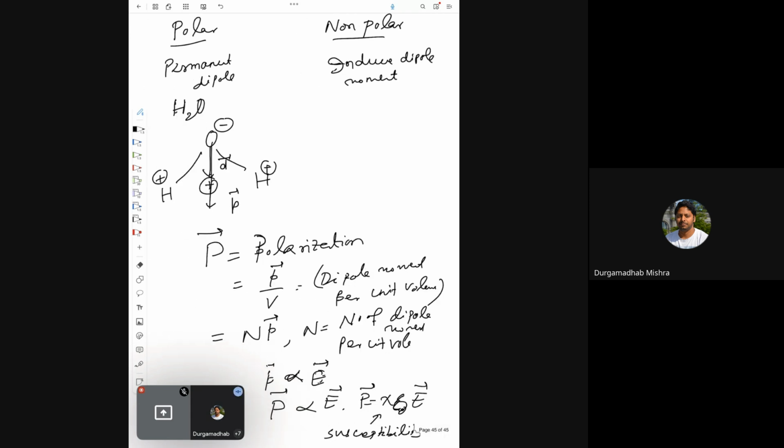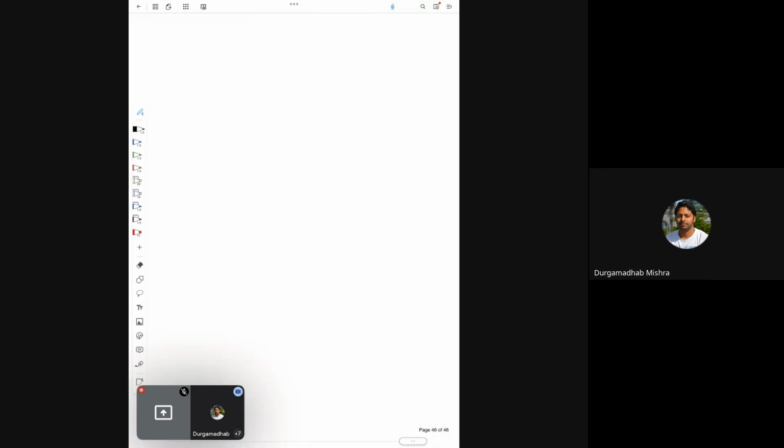Okay, this thing is quite simple to understand if you go through the text. There are many things associated with that, but I will just tell you a couple of things which are important.